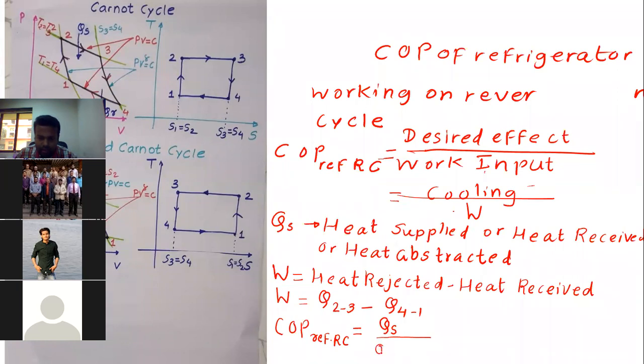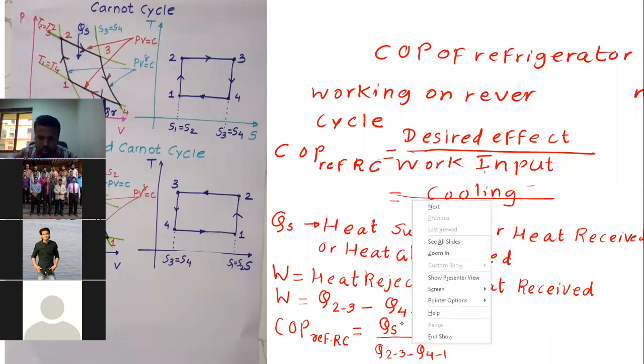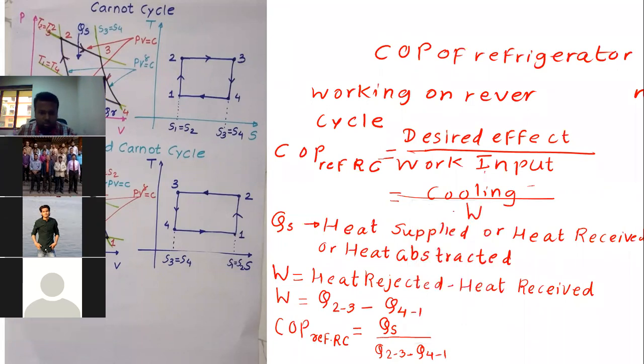I can write it as Q2-3 minus Q4-1. Is that okay?